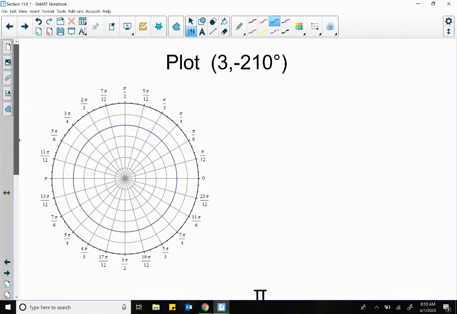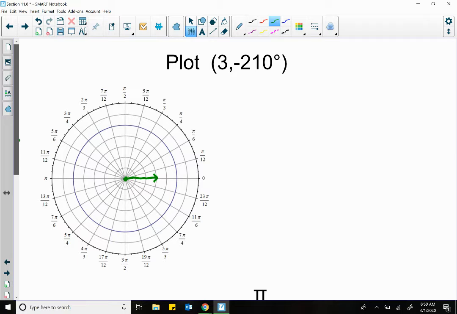So to plot this, we're going to go out 3. So we got here 1, 2, 3. And then we're going to go negative 210 degrees. So that's going to go clockwise. So negative 210 degrees. Let's see here. Just converting this into radians real quick.